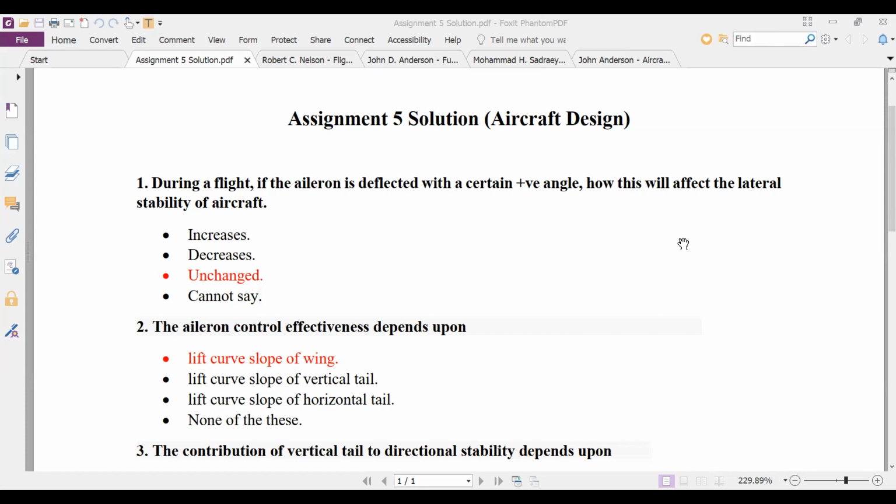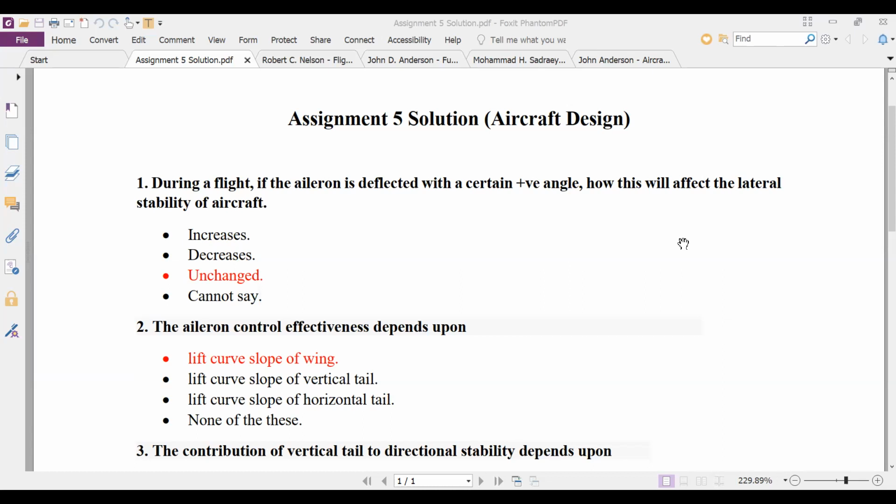I'll go to Achyut. Sir, what are the factors that impact roll stability, the lateral stability? Sir, horizontal tail. Horizontal tail, how does it impact roll stability? Sir, you meant to say lateral stability right now.